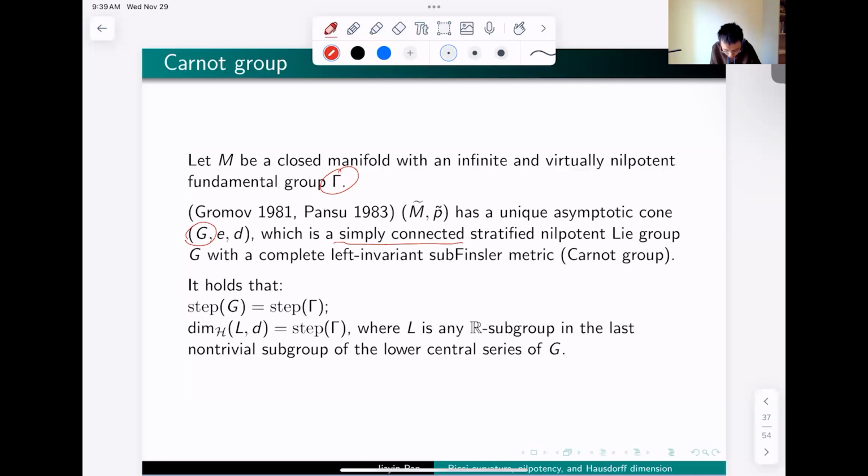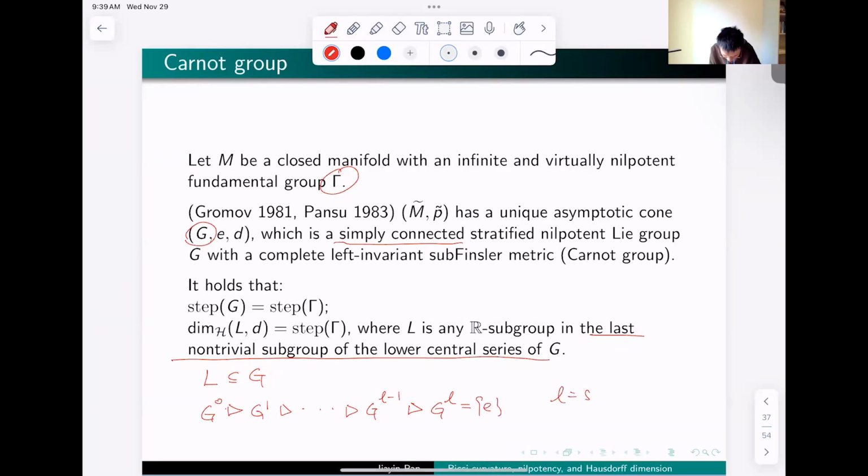The second thing is you can look at the Hausdorff dimension of an R subgroup there. So if you take the R inside G that is in the last non-trivial subgroup of your lower central series. So here you have G, then G_0, G_1, then G_{s-1}, then G_s is the identity, right?